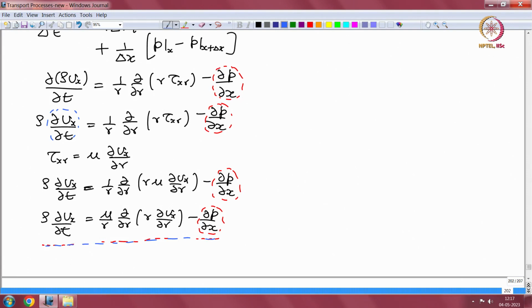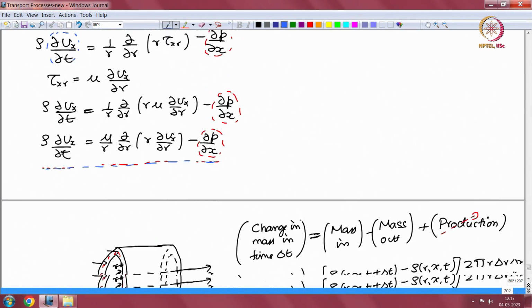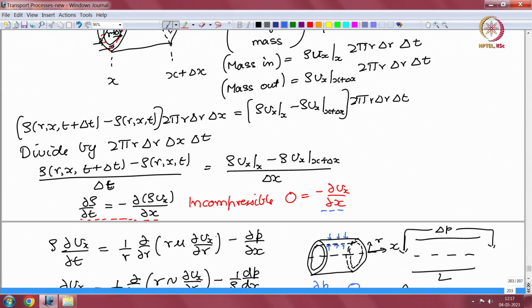On the right side, the first term is the viscous term and the second term is the pressure gradient. We had also shown by mass balance that Vx is independent of x for an incompressible flow if the density is a constant.